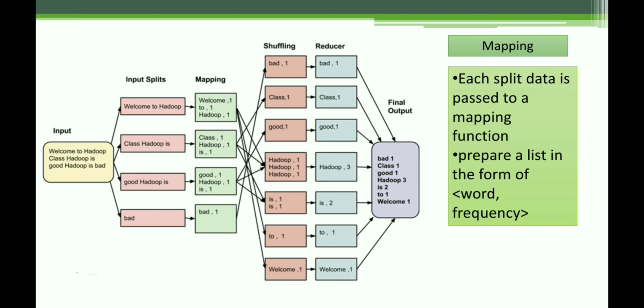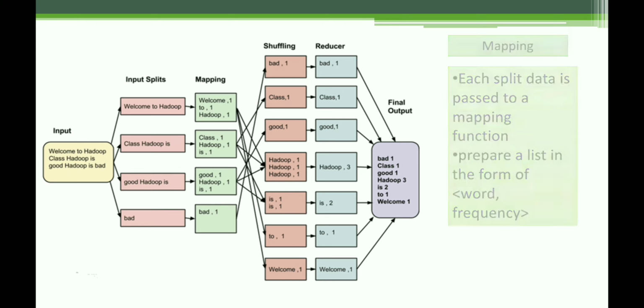Data in each split is passed to the mapping function to produce output values. In our example, the job of the mapping phase is to count the number of occurrences of each word from the input split and prepare a list in the form of word and frequency.